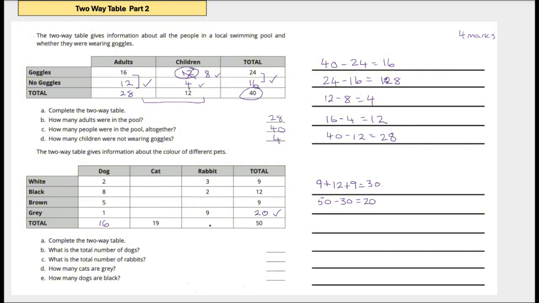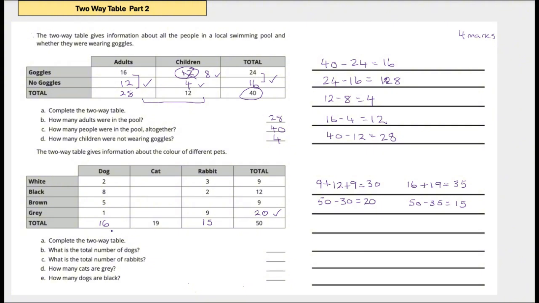The next one: we've got 16 plus 19, which is 35, and our total is 50. So our missing space, what is it? It's brown rabbits, oh, we haven't done that bit, sorry. It's total rabbits, which is 15.